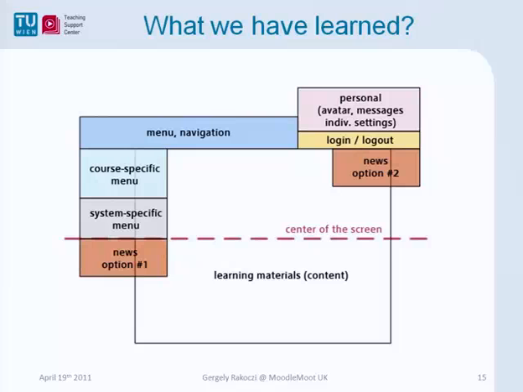System-specific menus are looked for here, and if you want to present them news or something that is upcoming or informative in terms of time, then it's maybe well positioned here or on the right-hand side on the top. Login, logout is here, and the personal area should be on the right top.